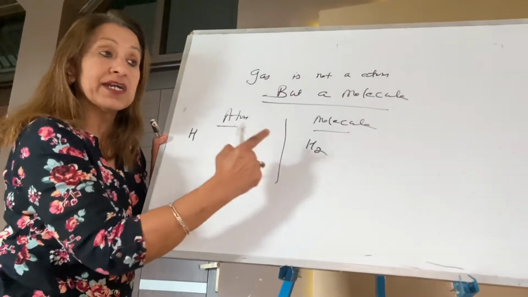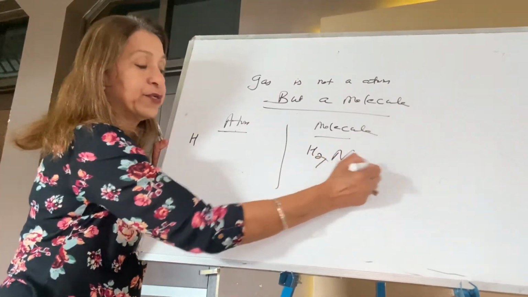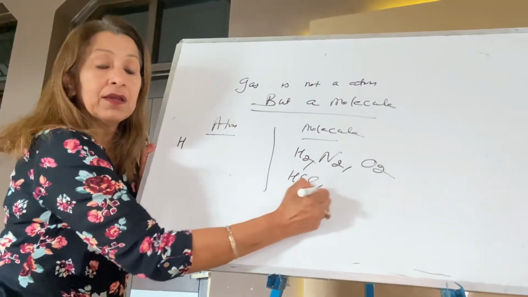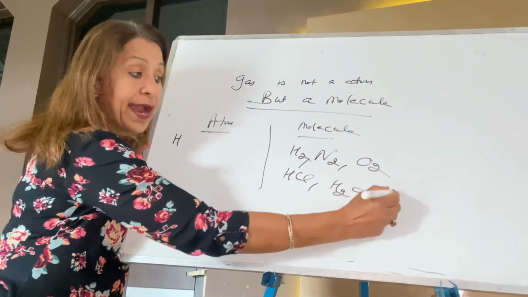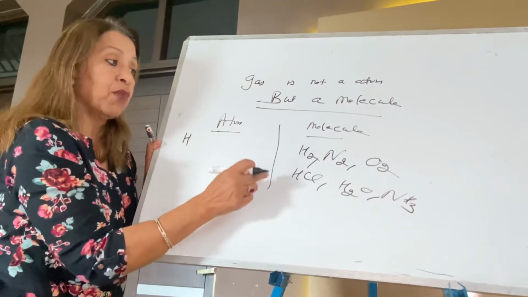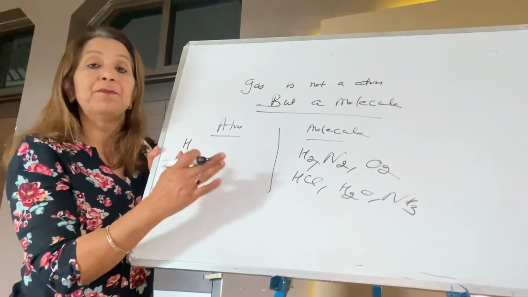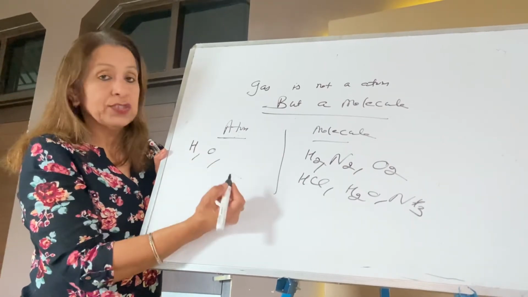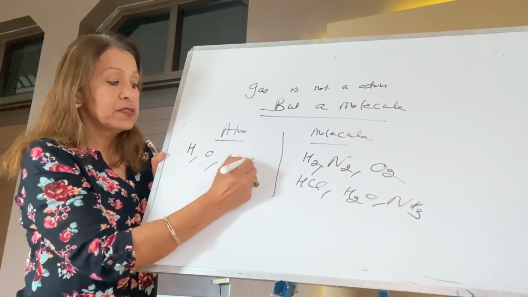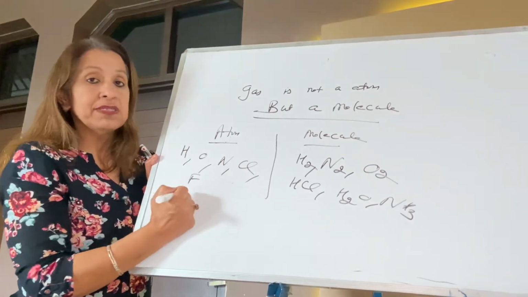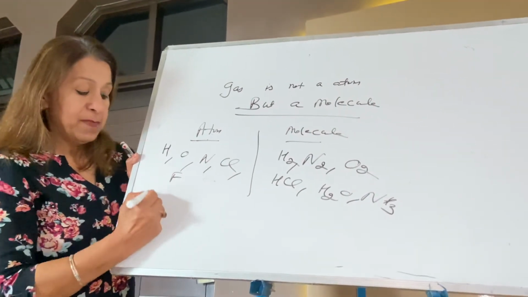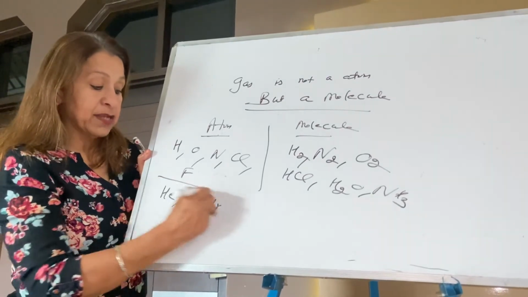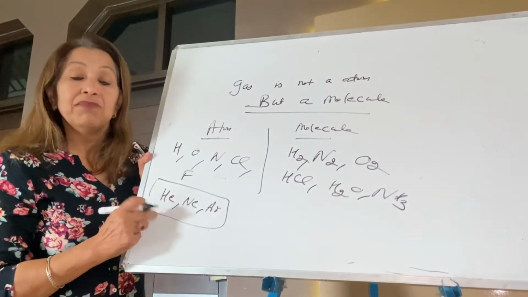A molecule is that which exists independently: H2, N2, O2 are homoatomic molecules; HCl, water, ammonia are heteroatomic molecules. A molecule exists independently, but an atom is like H, O, N, Cl, F. Atoms may exist independently for helium, neon, argon. These are the atoms of the noble gases.